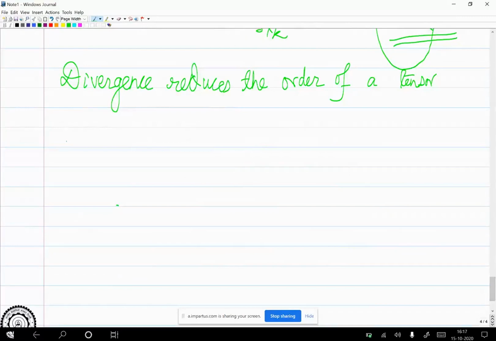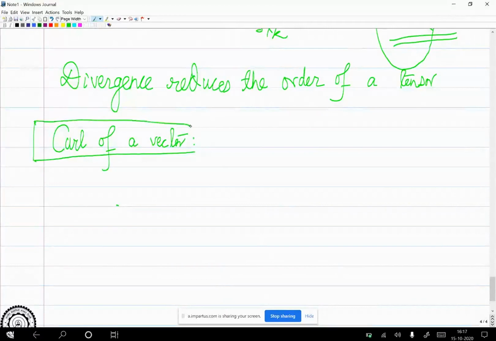Likewise, you can also think of curl. Till now I have only seen curl of a vector, not of a second or third order tensor, and this is something you are already aware of. I have discussed this also, so I'm not going to discuss it further.